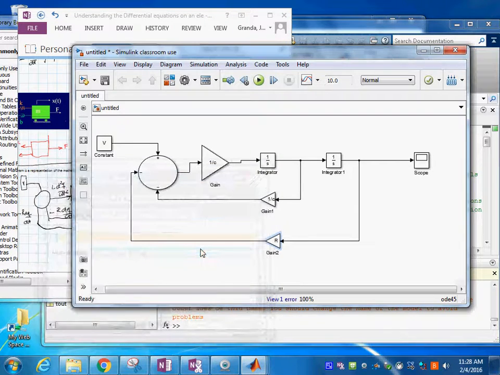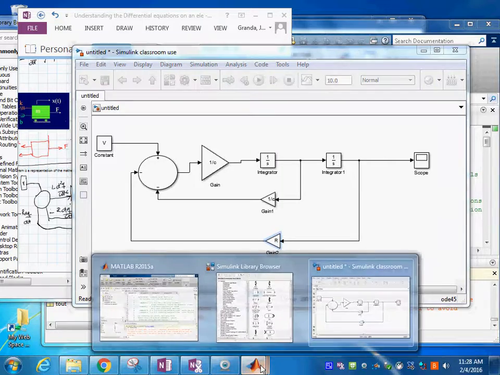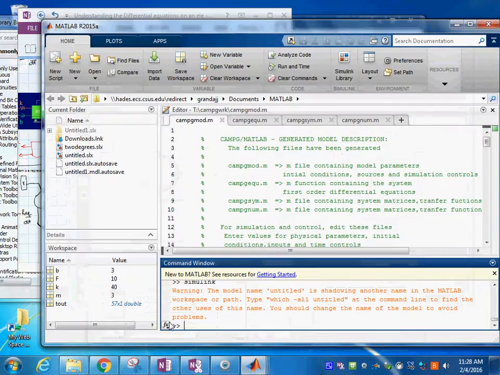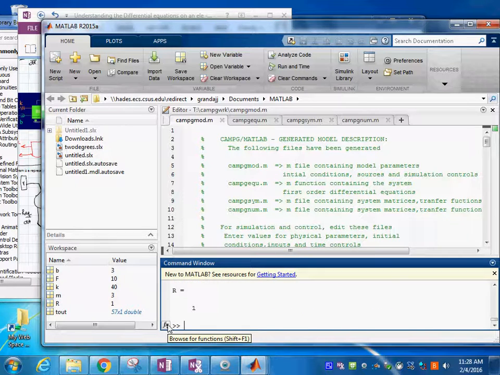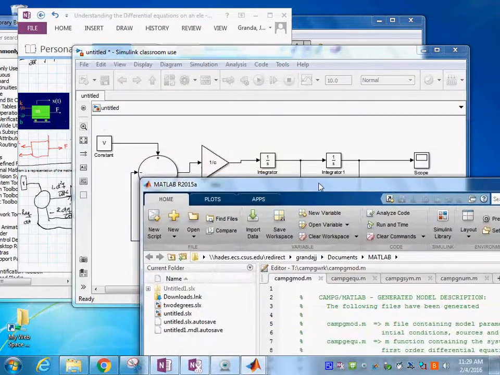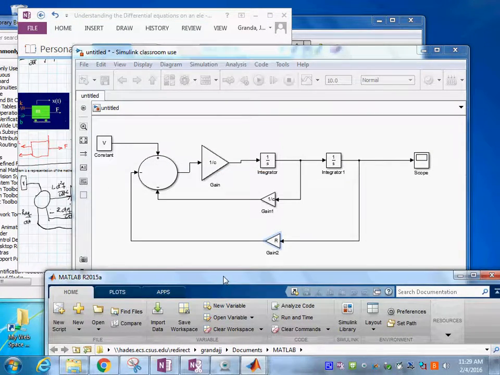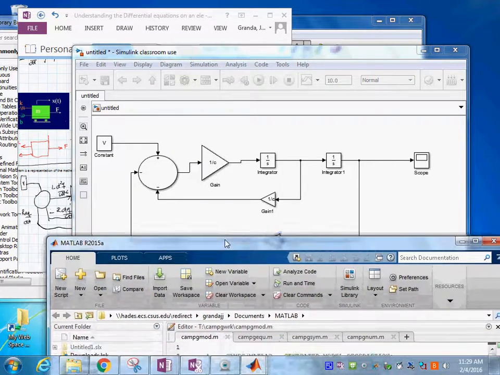If you put the numbers in the window, like R equal to 1, then you have C equal to 30, then you have R and C. This is the problem.